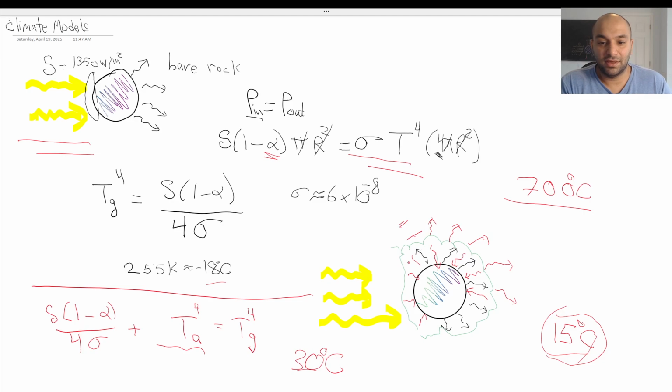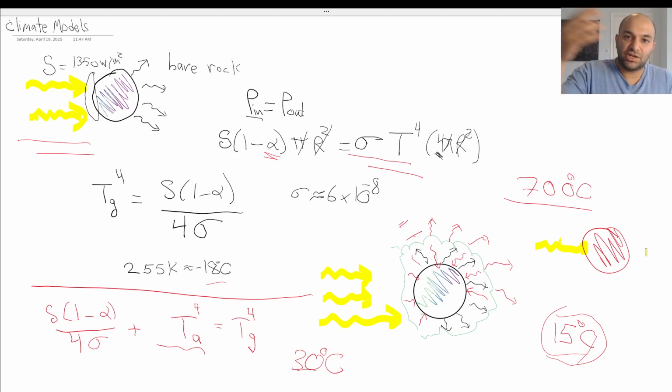Okay, and you could understand more than just Venus and Earth. You can also look at the moon. The moon is different in that it doesn't have an atmosphere, so when the radiation comes, it sticks there, and it doesn't really transfer through convection and through the atmosphere. So it has a slightly different effect.